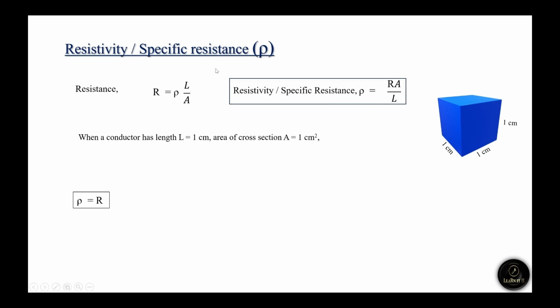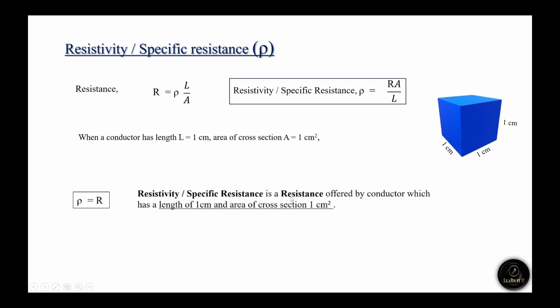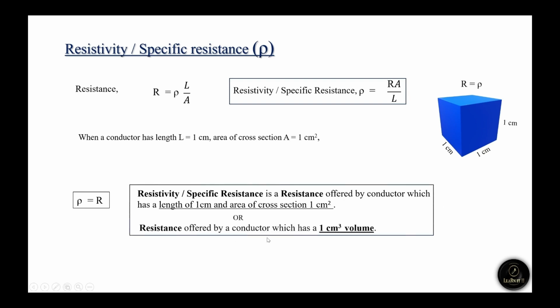So specific resistance or resistivity is the resistance offered by a conductor which has a length of 1 centimeter and a cross-sectional area of 1 centimeter square. Or we can say it is the resistance offered by a conductor which has a volume of 1 centimeter cube. That resistance is called resistivity.